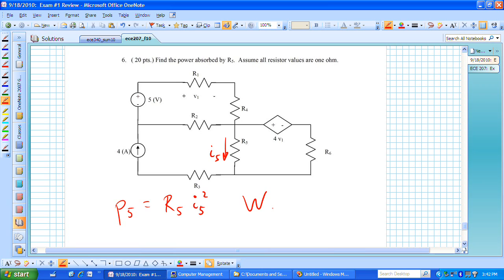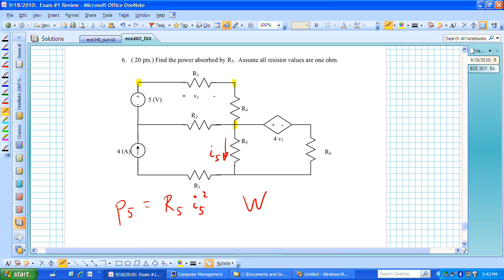What I need to do is find that current, and if I knew this voltage drop from top to bottom, I would be able to find the current. But that voltage would require that I write some KCL equations, and this circuit seems to be loaded with nodes. There's a node, there's a node, there's a node.